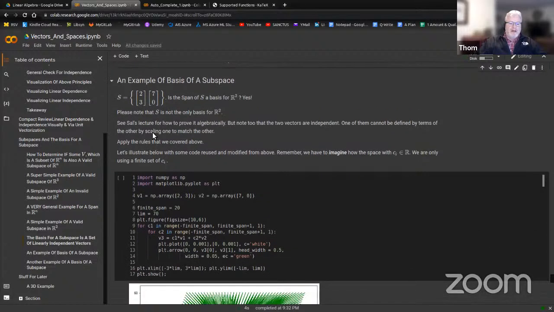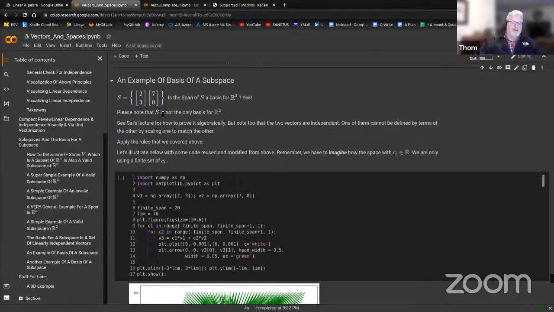So, an example of a basis of a subspace. We've got the set of vectors (2, 3) and (7, 0). Is the span of this set S a basis for two-dimensional real space?